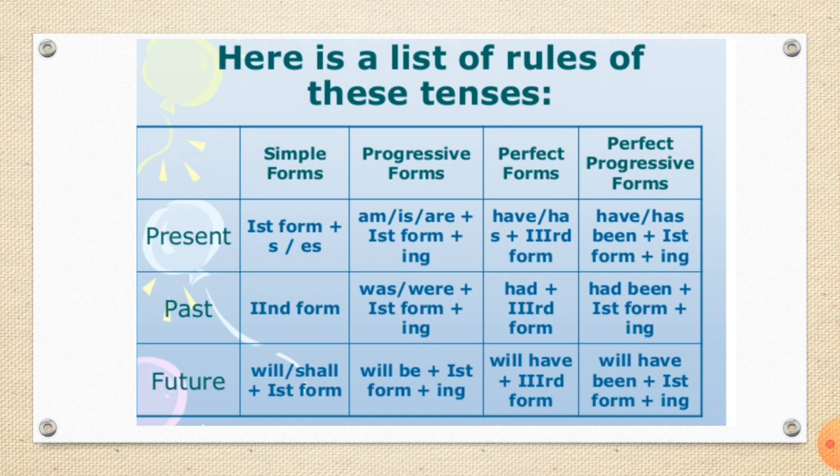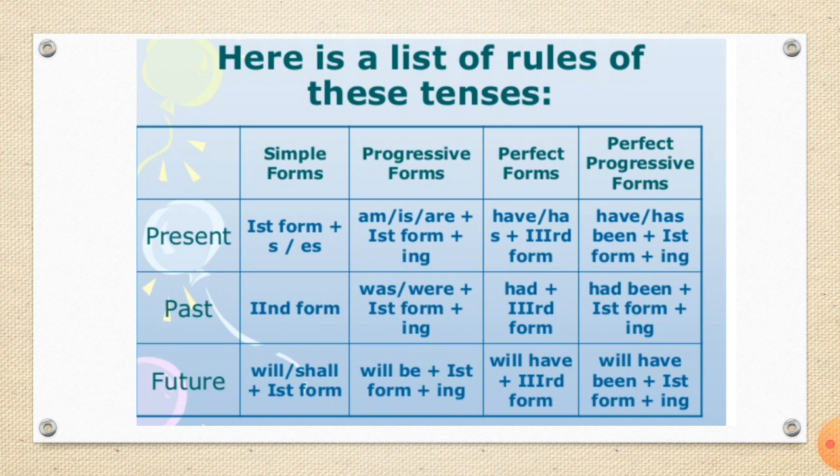In progressive forms, am, is, are plus first form of the verb plus ing form. Okay. And in past tense, was, were plus first form of the verb plus ing form. And in future also, will be plus first form of the verb plus ing form.